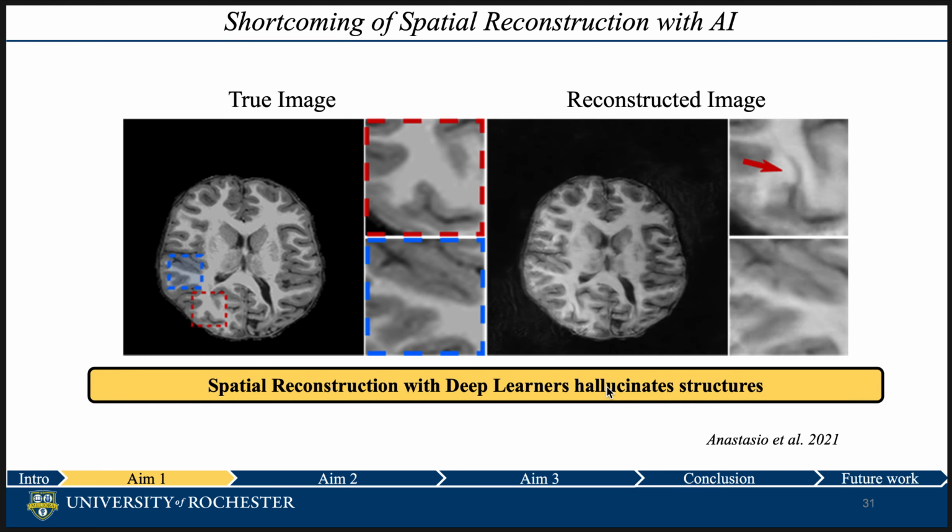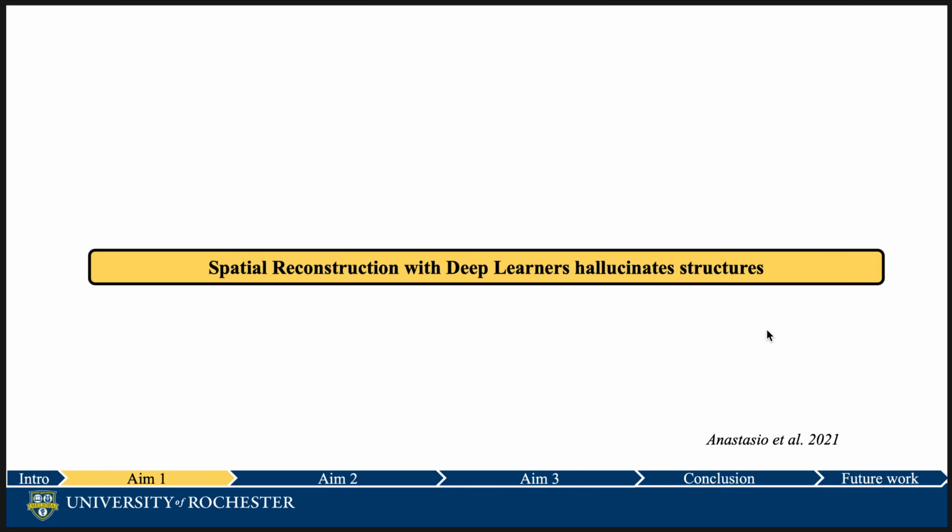And there's this shortcoming of spatial reconstruction with AI, where we see a chance of hallucination with UNet or CNN type structures, which is problematic in clinical cases. The hallucinations can introduce new structures which are not there in the patient. So this is problematic.